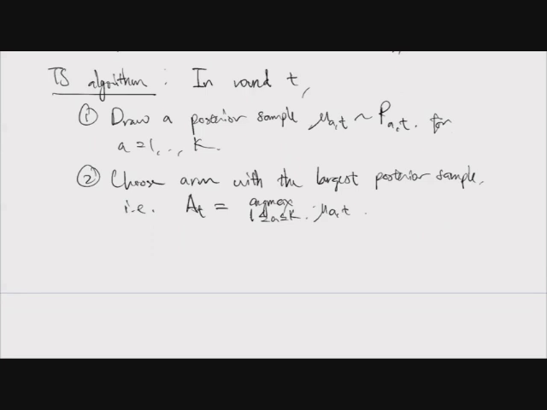If the rewards for arm A that we observed so far are high, this would mean that the posterior P sub AT is going to have a larger mean. And so the probability that it is going to have the largest value under a posterior sample is going to be higher. So we're more likely to choose that arm.